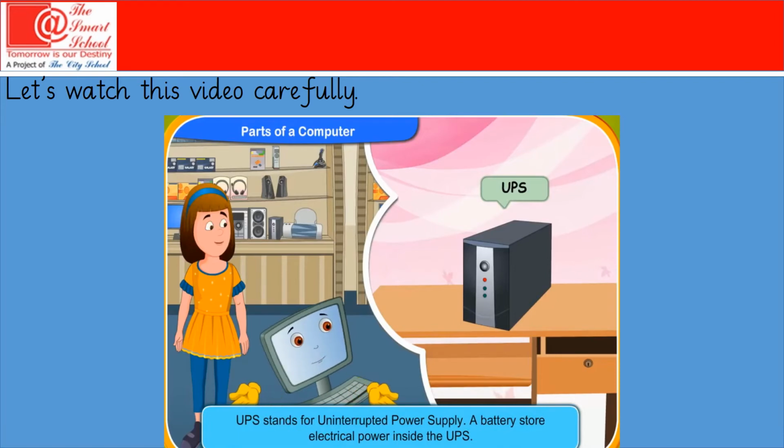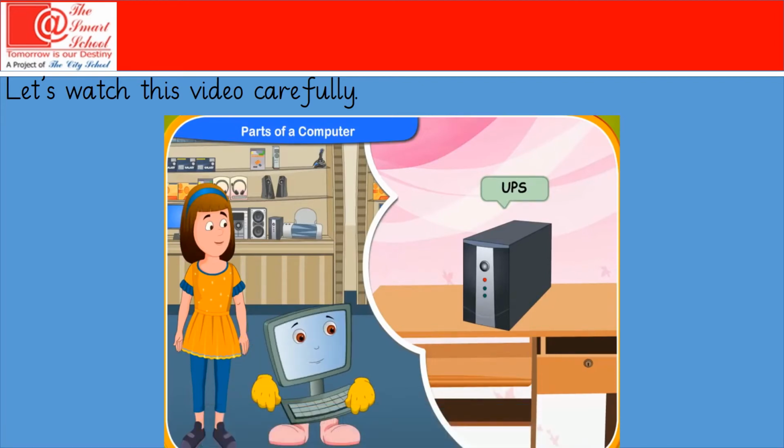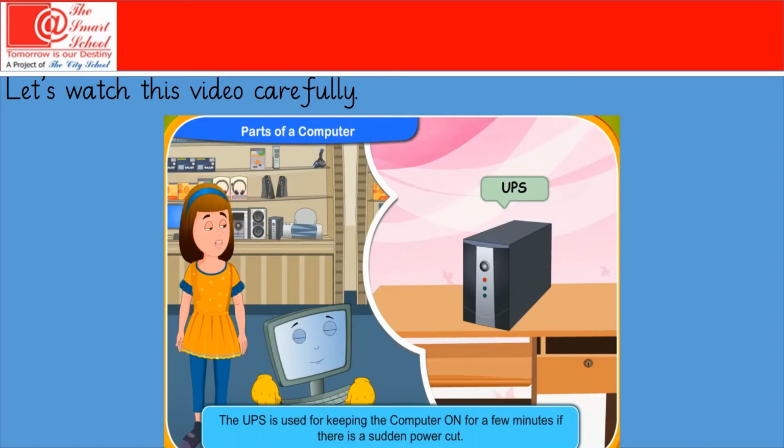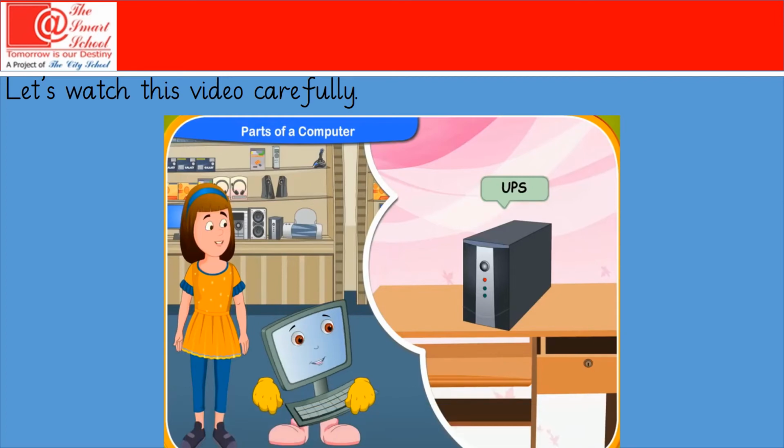Inside it, there is a battery which stores electrical power. I remember. The UPS is used for keeping the computer on for a few minutes if there is a sudden power cut. Yes, Rennie. This way, we can save the work that we are doing.